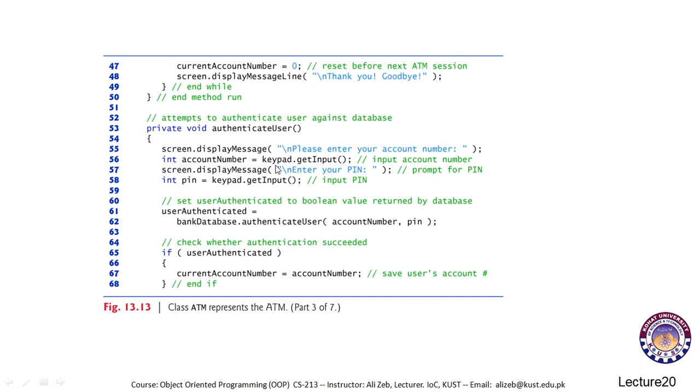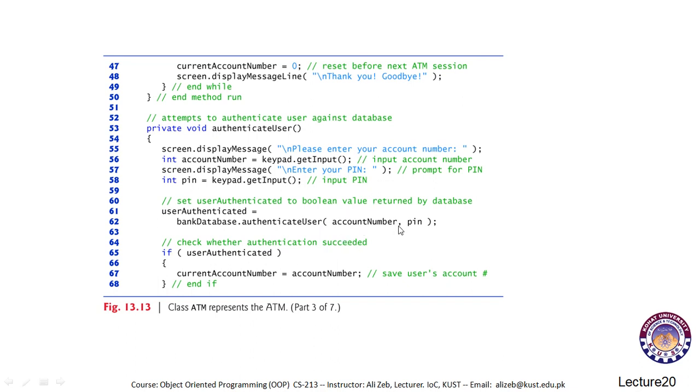It will ask the user to provide some input, as we can see, through the object of the Keypad class, and we will store that input in a variable. Then we will ask the user to enter the PIN code, and similarly we will store the PIN in a local variable. Once we have received these details, we will call the bank database's authenticateUser method by providing the details that we have received from the user.